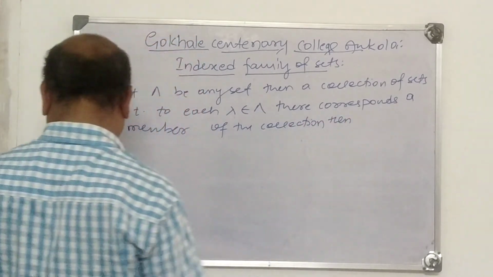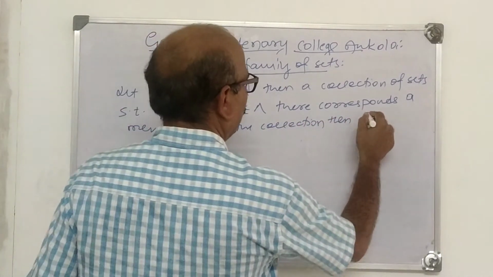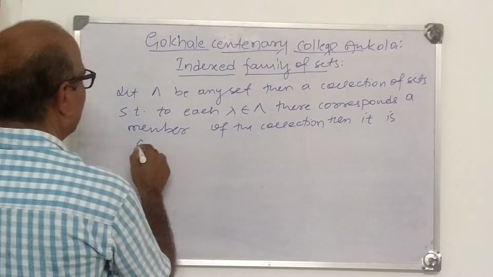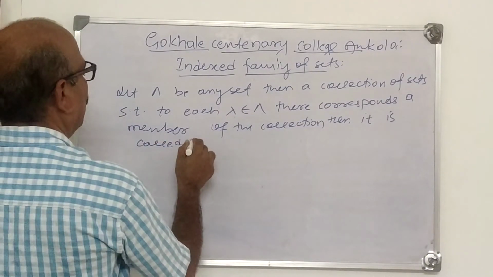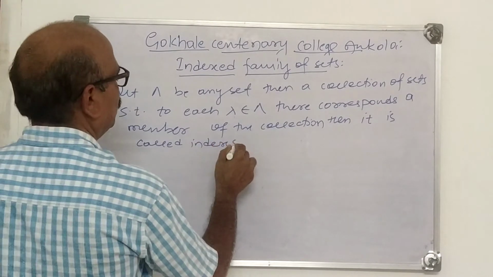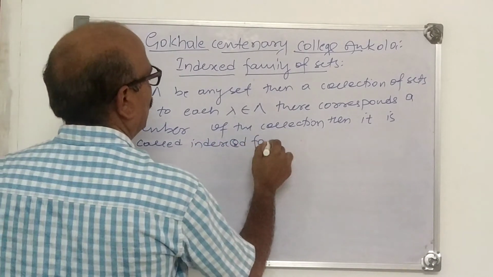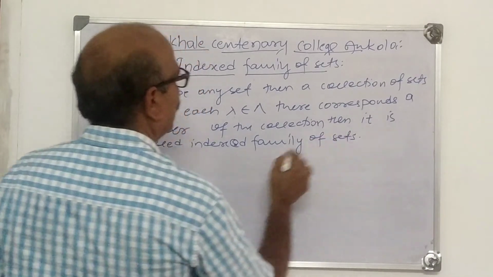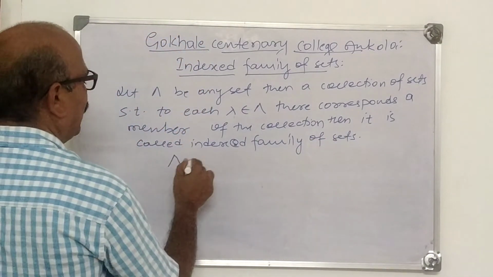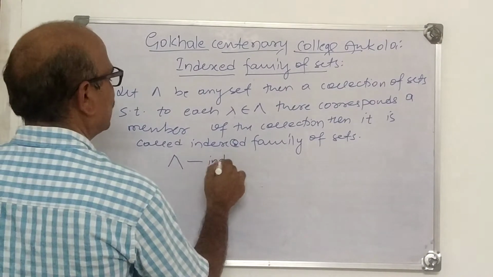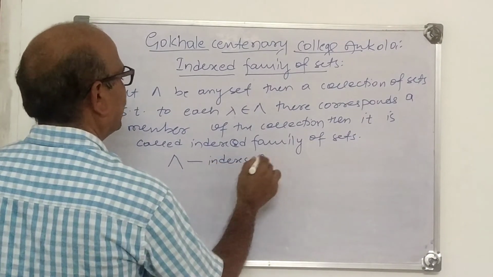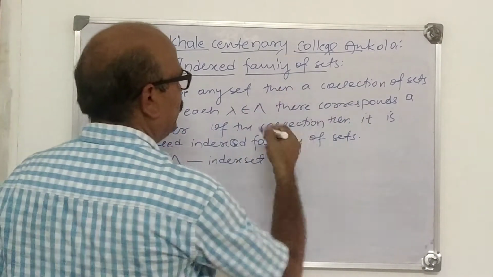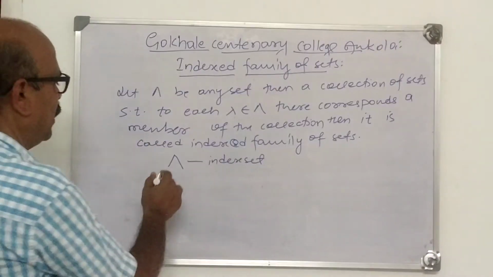Then it is called an indexed family of sets. Here capital lambda is called the index set, and the indexed family of sets is indexed by lambda.